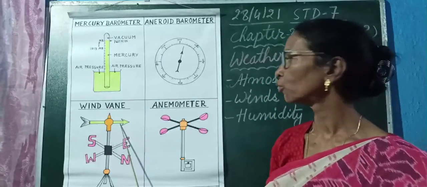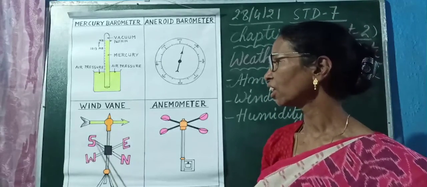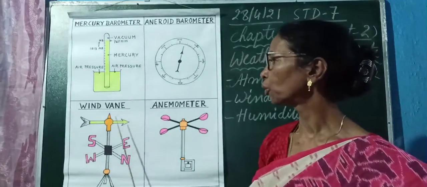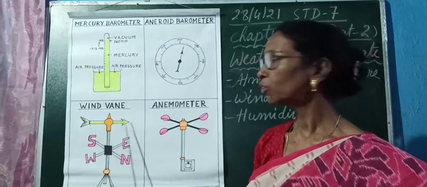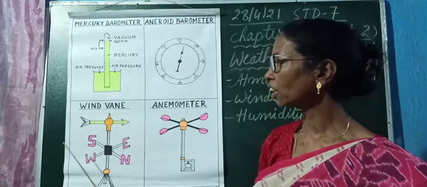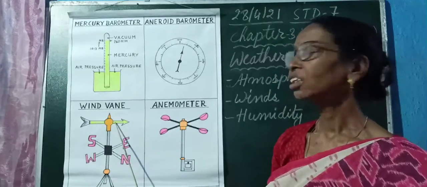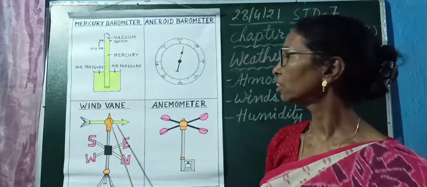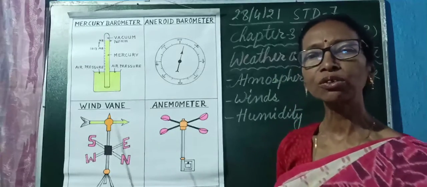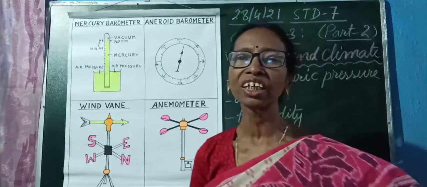There is an arrow on the top part and there are 4 directions. When winds blow, the arrow, which is movable, changes its direction, and it indicates from which direction to which direction the wind blows. So, according to the direction, winds are named.